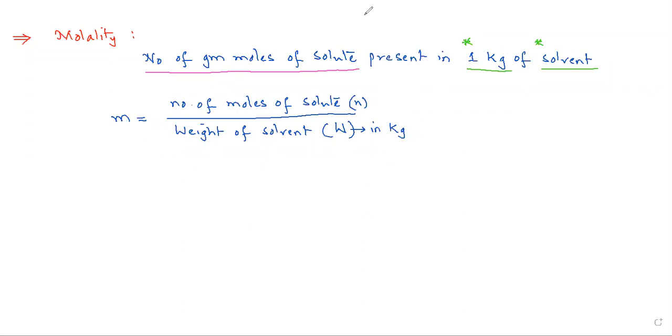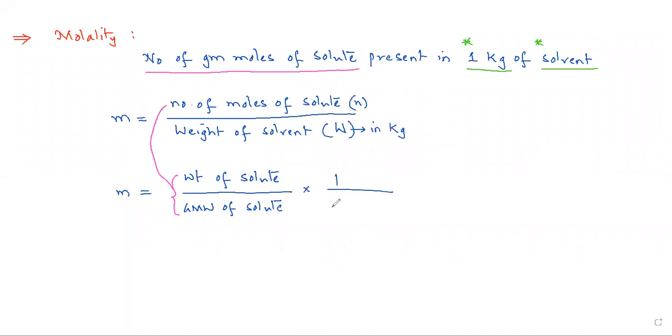Now, this can of course be modified as weight of a solute by the gram molecular weight of solute. This is nothing but the number of moles into 1 by weight of solvent in kg.